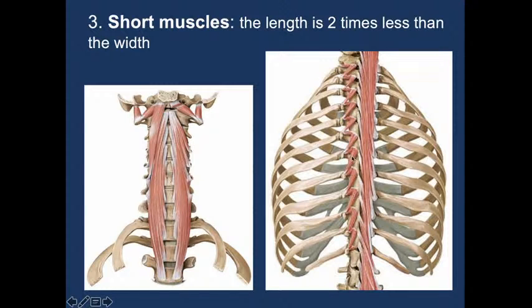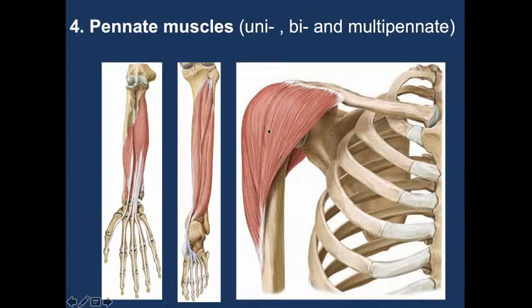It is really visible. And as I said before, pinnate muscles, unipinnate, bipinnate, and multipinnate, have a structure like a bird feather, with a long tendon and short muscle fibers.